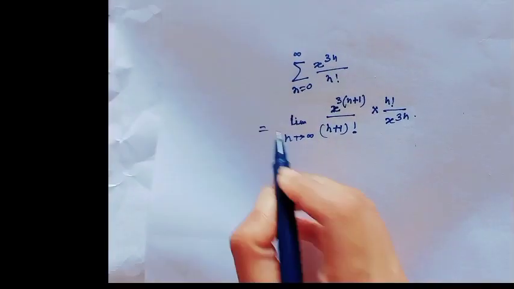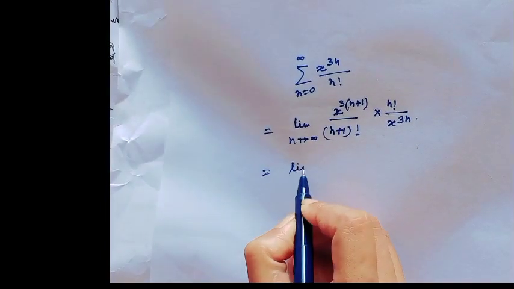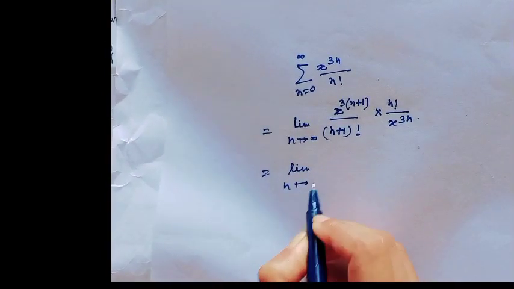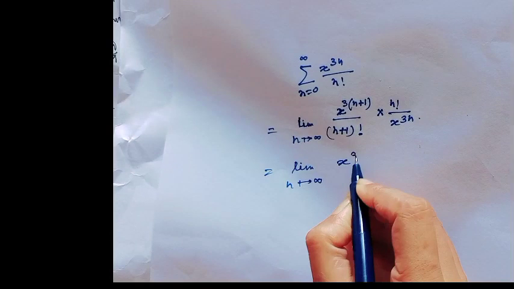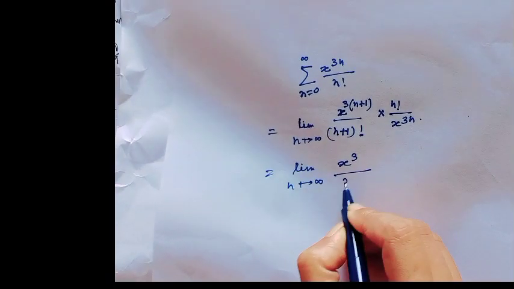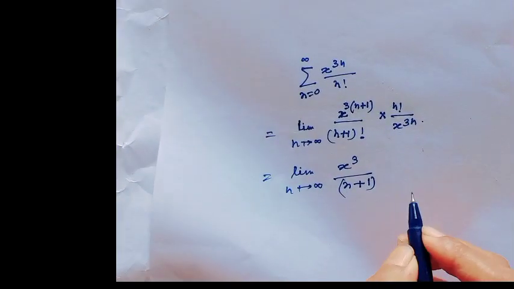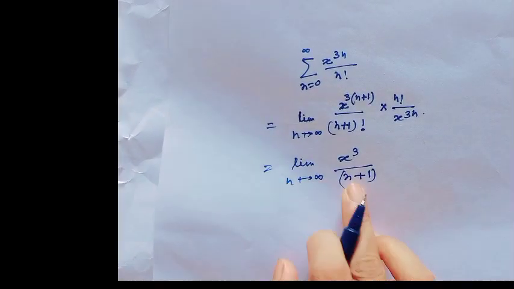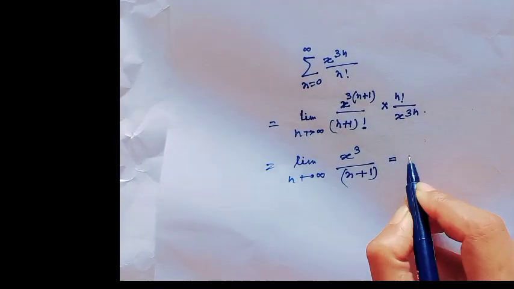Okay, that means this implies the limit as n tends to infinity of x cubed over n plus 1, and if you put the limit, then this value would be 0.